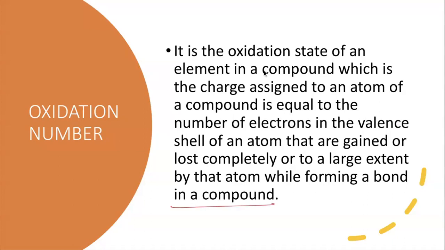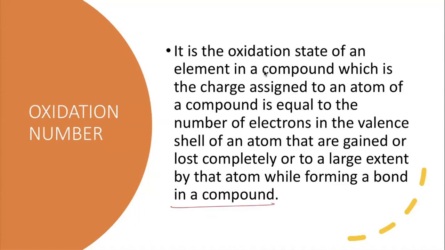So actually, we can say that it is the charge which an atom of the element has in its ion or appears to have when present in the combined state with other atoms.